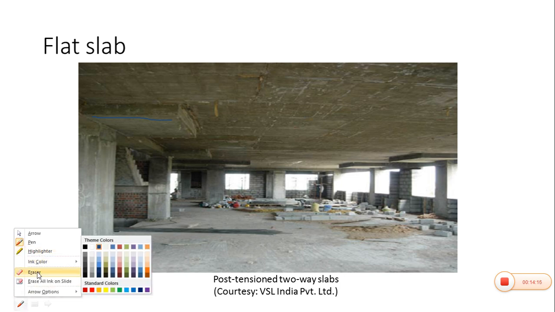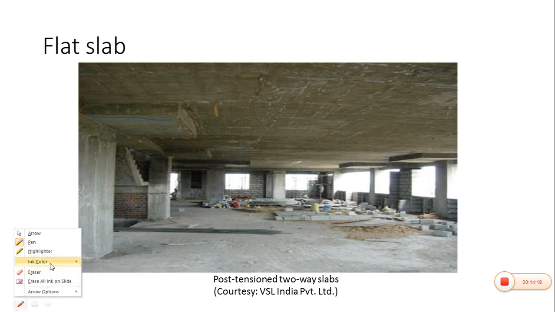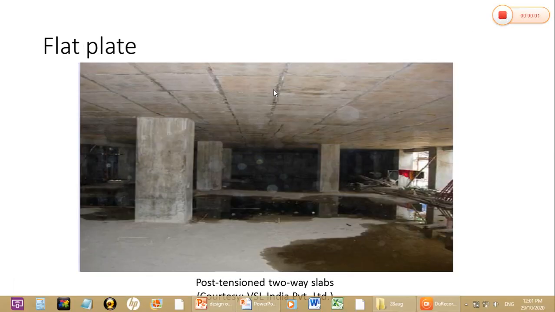In this slide we can see the projected portion. See here, this is the photograph of a flat plate. As we discussed from the definition, a flat plate is the type of slab where beams are absent.